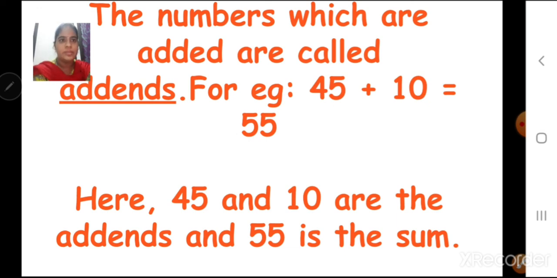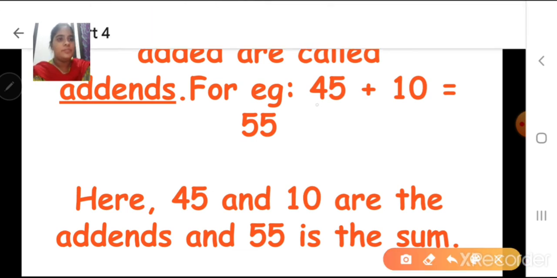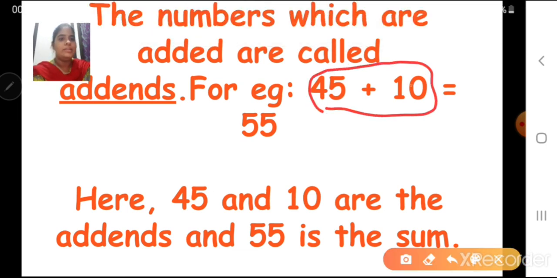Now for example, 45 plus 10 is 55. Correct? The numbers 45 and 10 are addends. And 55 is the sum. The answer is known as the sum. Remember this, the answer is called sum, and the numbers which are added are called addends.